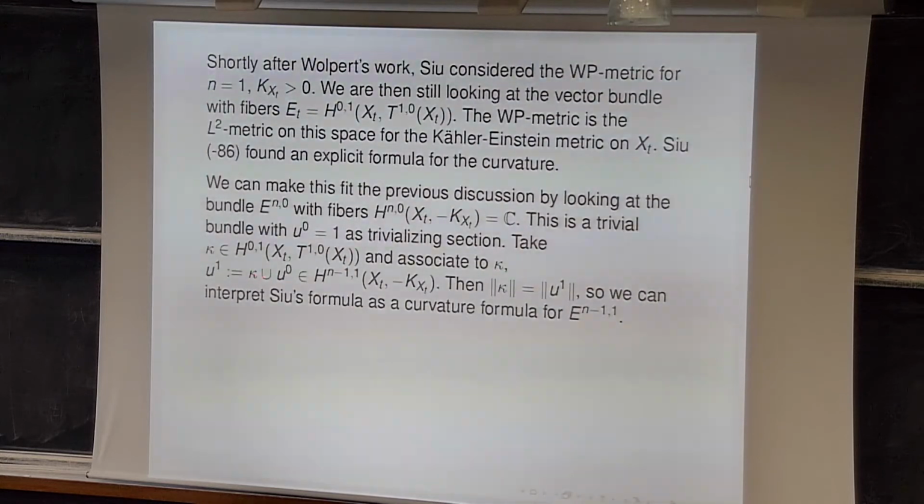This increases the barred index by 1 unit and decreases the unbarred index by 1 unit. So you land there. And you can check now that actually the Weil-Petersson norm of the kappa here is equal to my L2 norm of U1. So Siu's formula can be viewed as a curvature formula for this bundle, E^{n-1,1}. So E^{n-1,1} is the bundle that has those as fibers.